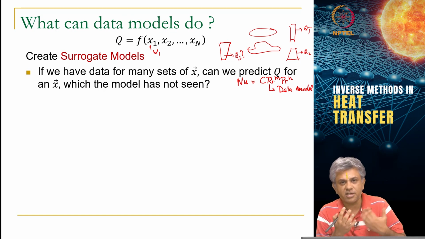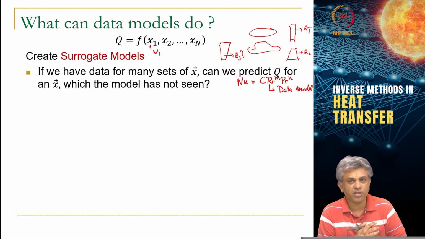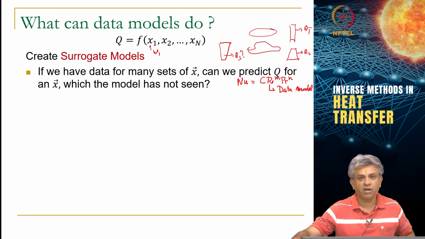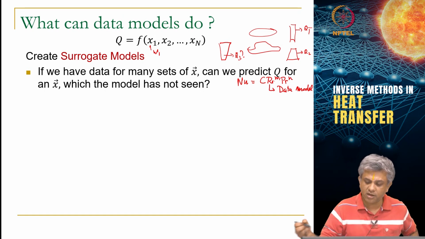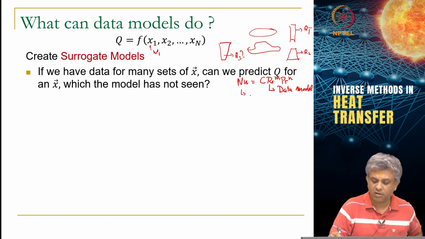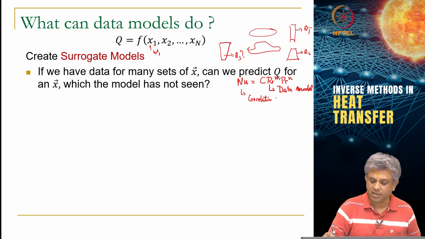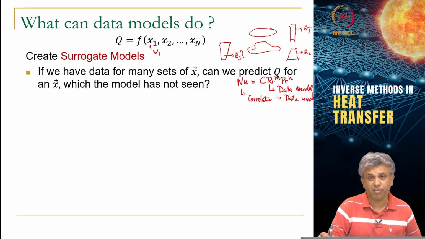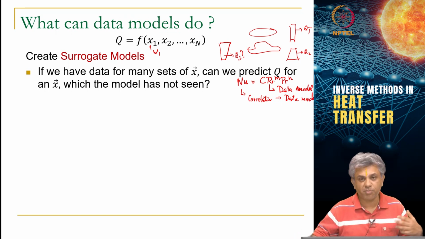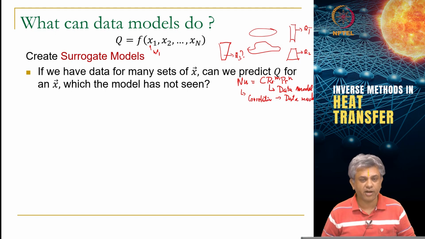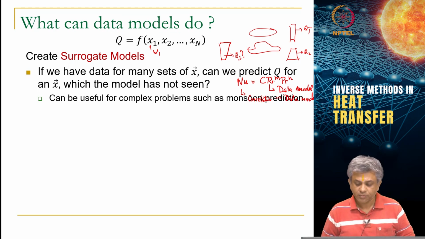If you have seen Dittus-Boelter and all these other types of heat transfer correlations, Nusselt number correlations are a simple example of a data model. I do not want to call it data based model, because it reminds people of databases, which is another topic entirely in computer science.